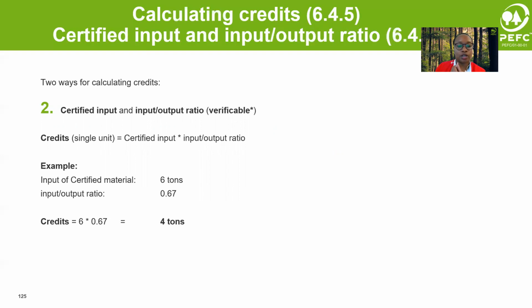So in the end, you get 4 tons of credits. In the standard 6.4.2, there is a note or clause that says it may be required to define conversion factors for the conversion of the measurement units of the input components to the output products.